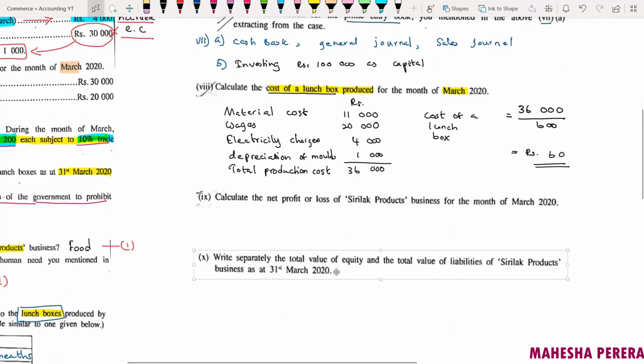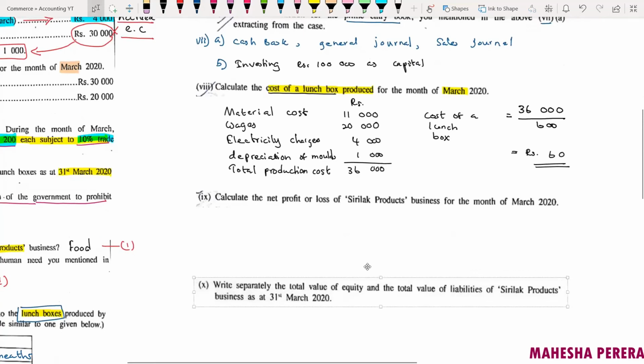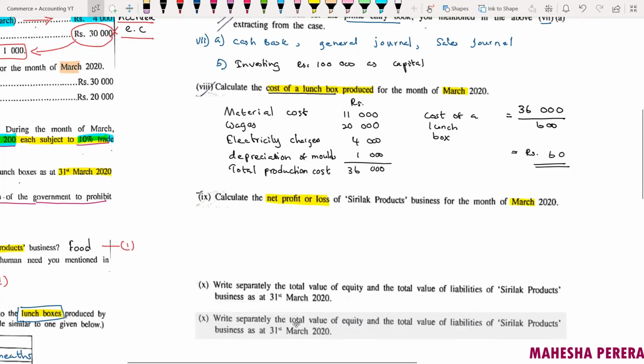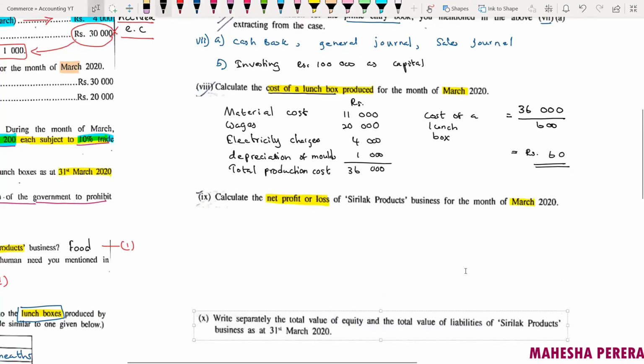Okay, next question. Calculate the net profit or the loss for the month of March. Right, for this we need to draw a table and we are going to show the income of the business as well as the expenses of the business for the month of March. And then we find the net profit or the loss, right? So just draw a simple table like this.